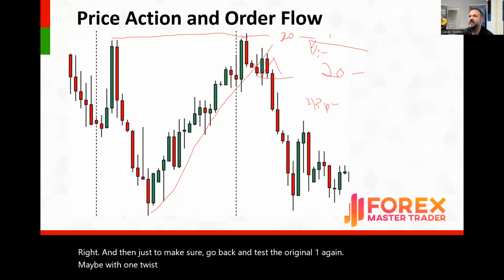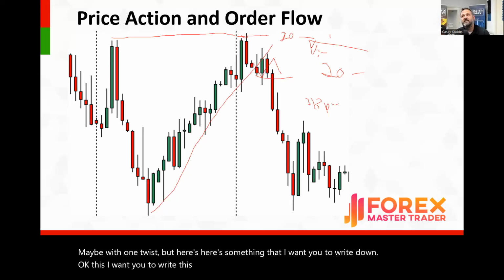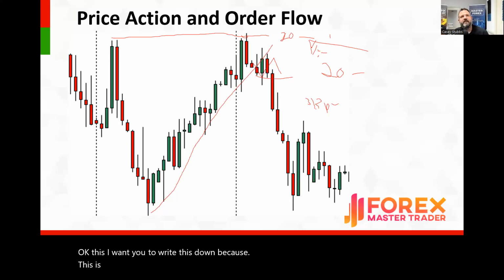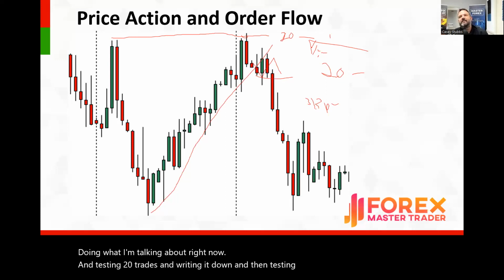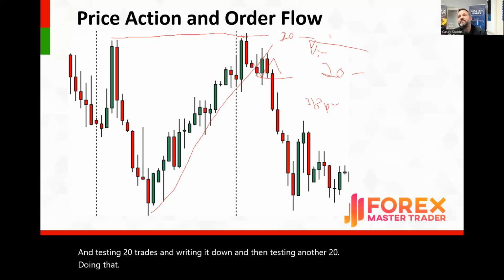But here's something that I want you to write down, because this is a game changer. Doing what I'm talking about right now, testing 20 trades and writing it down and then testing another 20, is something that most traders are not going to do.